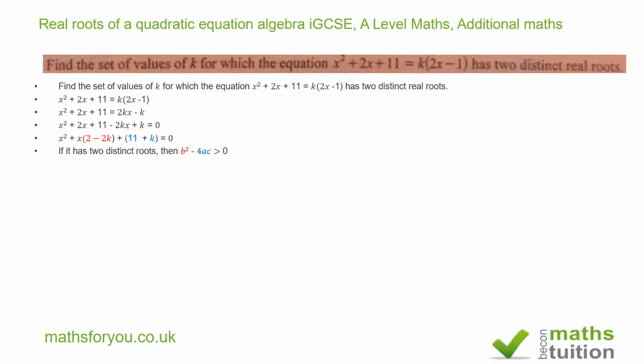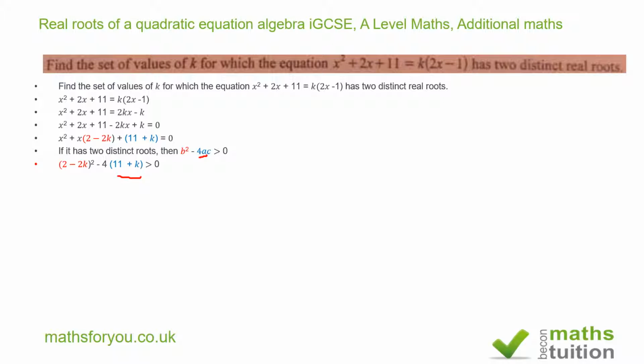Okay, so now for our b squared, we end up with 2 minus 2k, because 2 minus 2k is the coefficient of x, and the constant value is 11 plus k, so we've got 4ac there. That's 4 times 1 times 11 plus k.